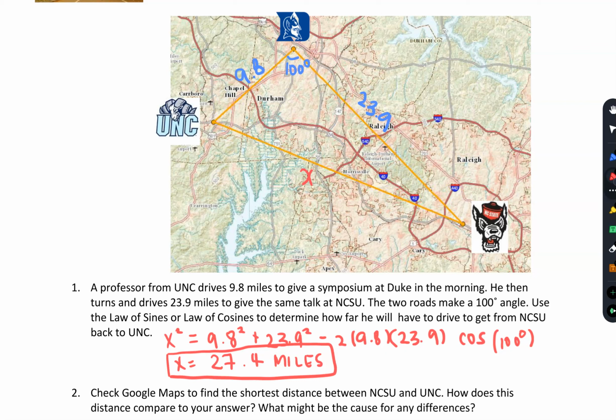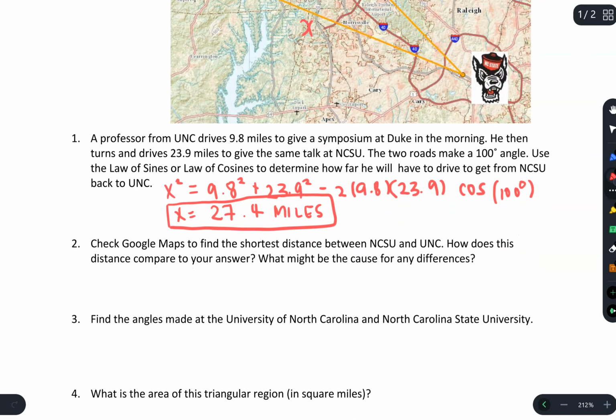Okay, so check Google Maps to find the shortest distance between NCSU and UNC. Did y'all do that? What did y'all get? 25.9.